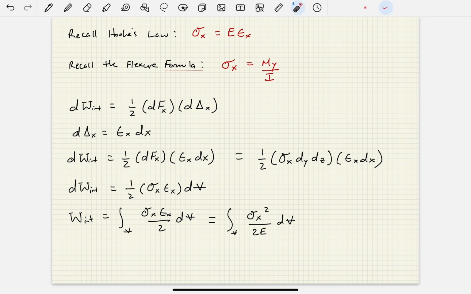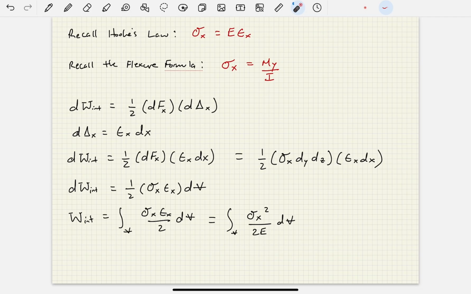So maybe pause the video, make these substitutions in here strategically, okay? And specifically, I want you to look at this one first. Look at Hooke's law and see how you can incorporate that in here to get this next term that we just got, okay?